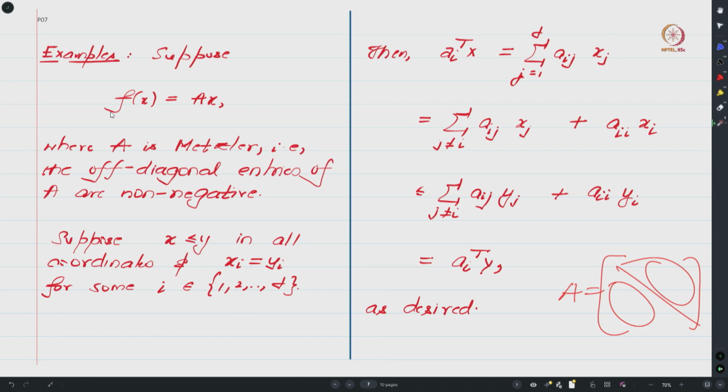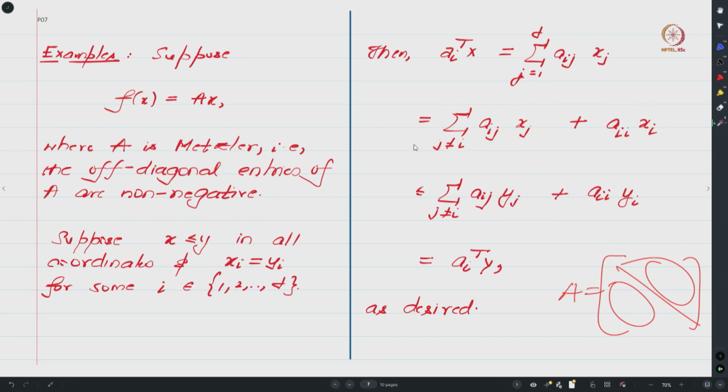Towards that, let us look at the ith coordinate of f of x, which is basically ai transpose x, where ai transpose is the ith row of A. One can see that ai transpose x is the sum over aij times xj, j equals 1 to d. I can split this sum into two parts: the sum over the off diagonal entries aij, and the quantity based on the diagonal entry. We know that the off diagonal entries are all non-negative, and xj is less than yj.